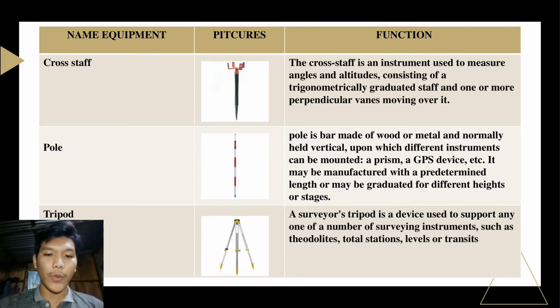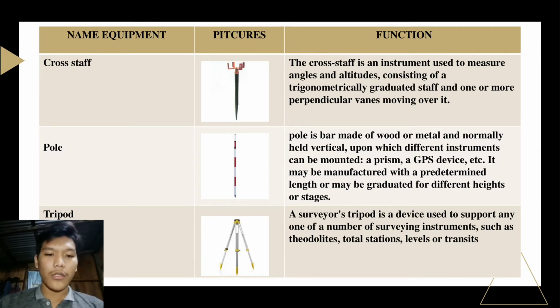Number 5 is the pole. A pole is a bar made of wood or metal and normally held vertical, upon which different instruments can be mounted, such as a prism or a GPS device. It may be of a predetermined length or may be graduated for different heights or stages.